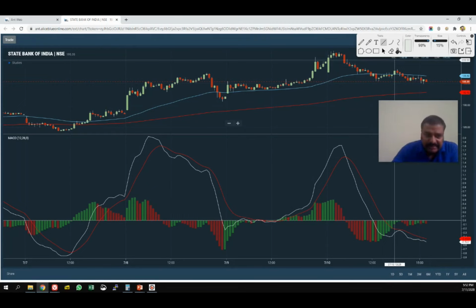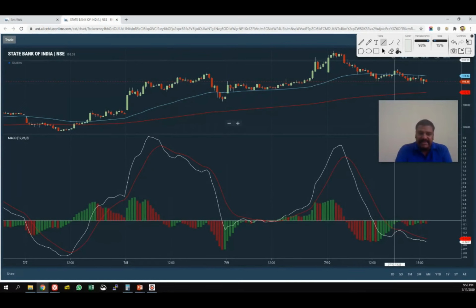Any more questions? Okay, to make it simple, SMA is a slow indicator, and EMA, which is exponential, follows the price in a faster way.